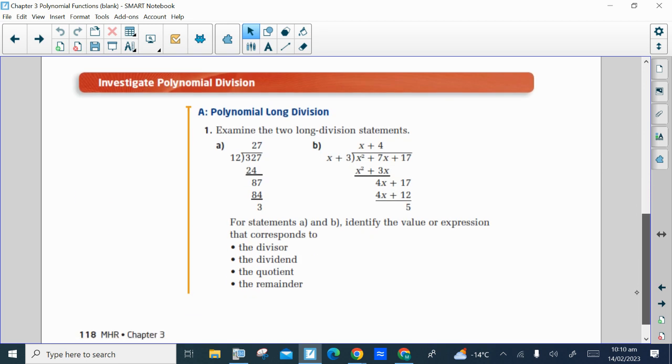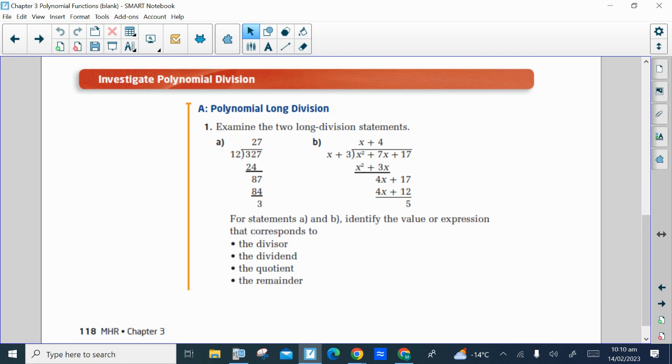All right, so there it shows you a couple examples of long division. You can use long division to divide 327 by 12. 12 is being divided into 327. And so 12 will not go into 3, but it will go into 32. It goes into 32 twice, and that's why there's a 2 written up there.